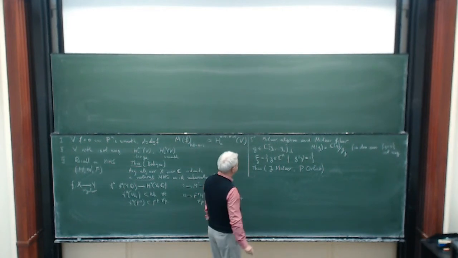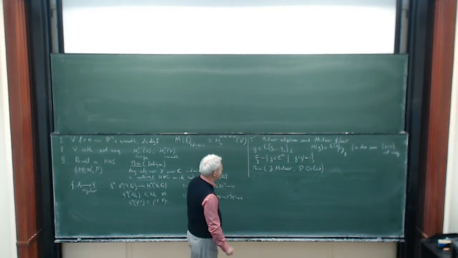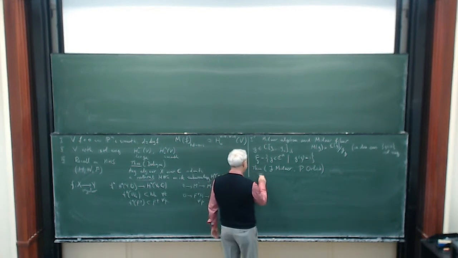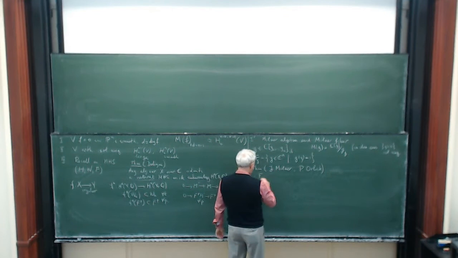First of all, the topology of the Milnor fiber is very simple. F_G is homotopy equivalent to a bouquet of spheres of dimension n minus 1.